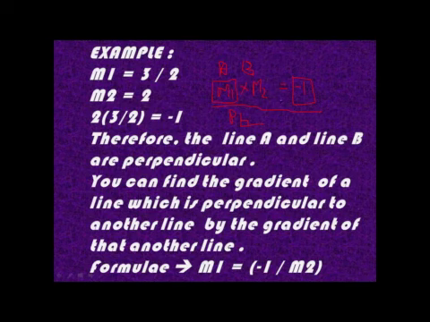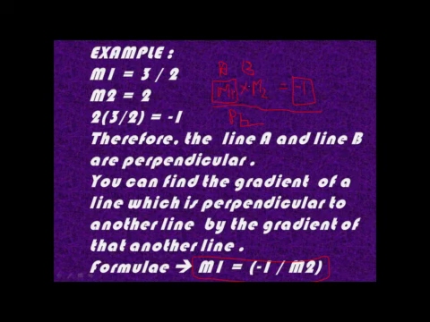You're just rearranging the formula, and since you know the two lines are perpendicular and you have the gradient of one line, you know their product will be minus 1. So the formula for the gradient of the first line would be M1 is equal to minus 1 divided by M2. That is the rearranged formula.